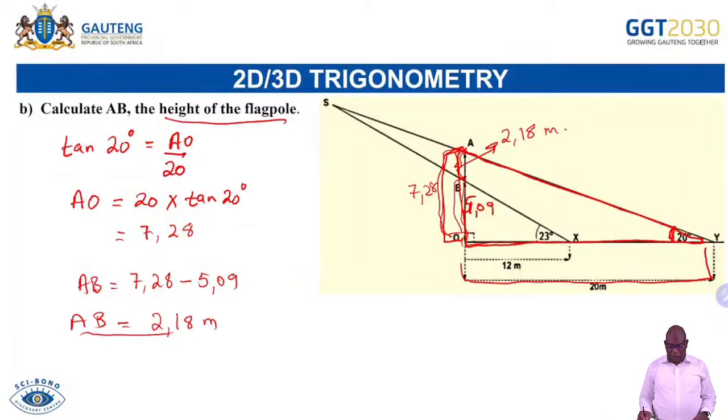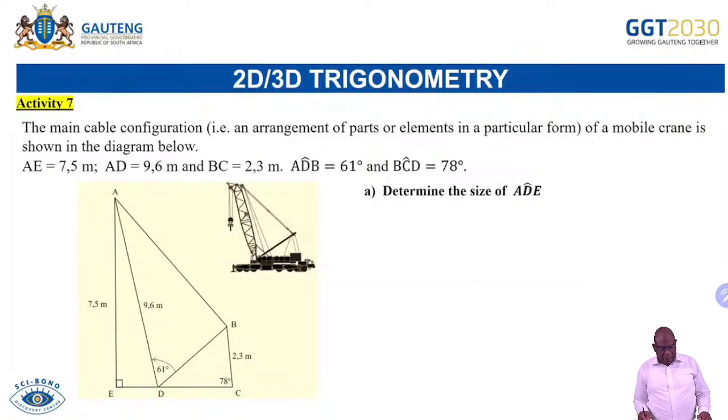Okay, welcome back. The next activity, which is activity 7, also has a story there, so you must always read that story. The main cable configuration and arrangement of parts. Remember, configuration is an arrangement of parts or elements in a particular form of a mobile crane. So in other words, we have a crane here.